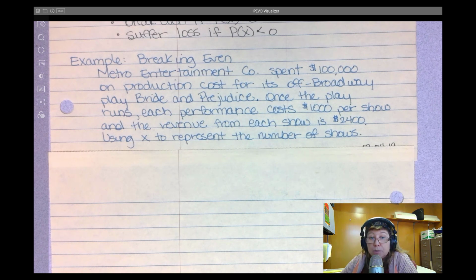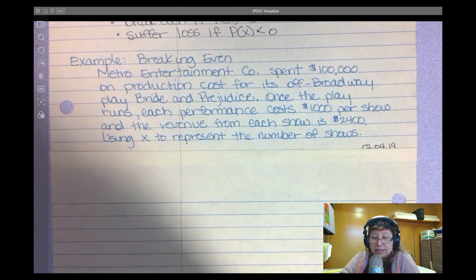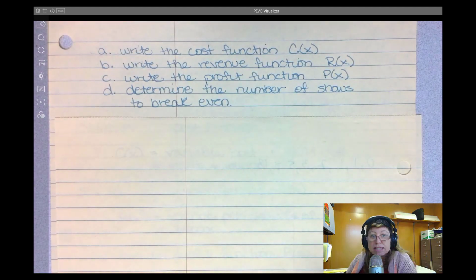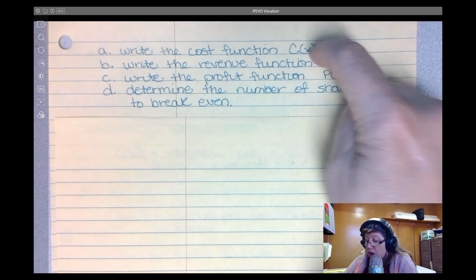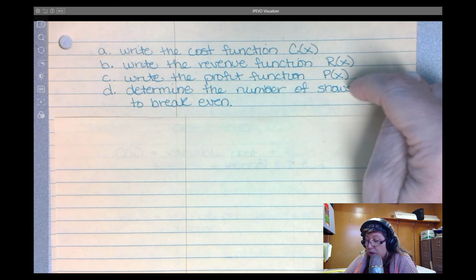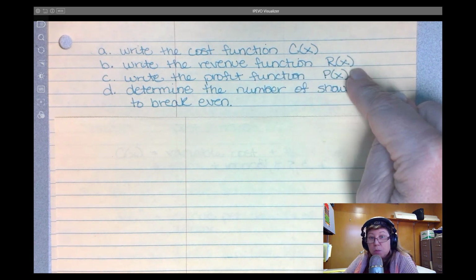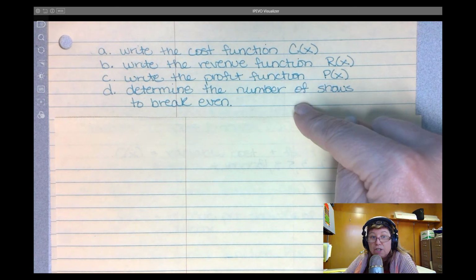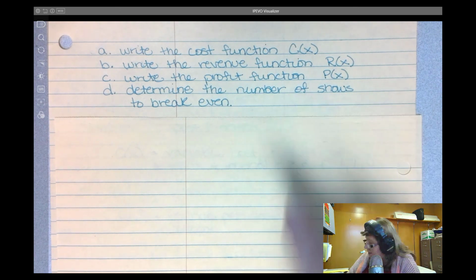Using X to represent the number of shows, we want to find the break-even point. Here are things that are going to make it a lot easier to find this break-even point. First of all, we need to find the cost function, and then we're going to find the revenue function, and then we're going to find the profit function. And then once we get to this point, we're going to figure out the number of shows for the break-even point.